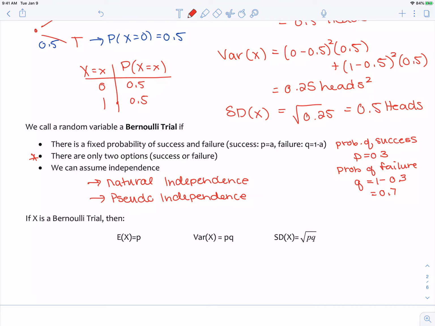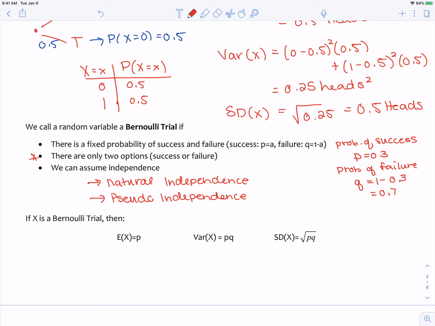In those cases, we just examine the situation and think, is it likely that we're going to see a change in probability based on something happening? In terms of coin flips, there's no change in the likelihood of getting tails just because you've already flipped tails, for instance. Die rolls, there's no change in the likelihood of rolling a 6 just because you happen to have rolled a 6 already. So that's those natural independence cases.